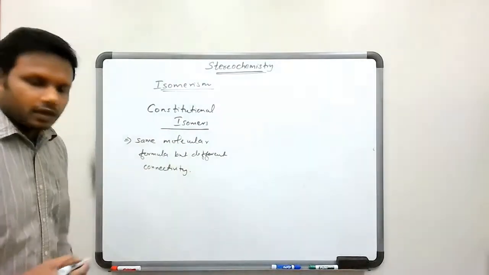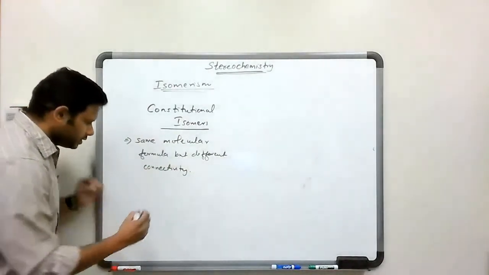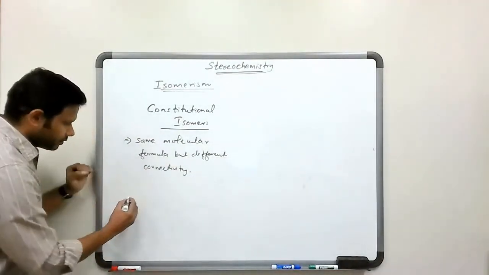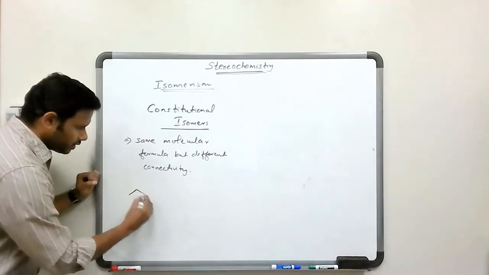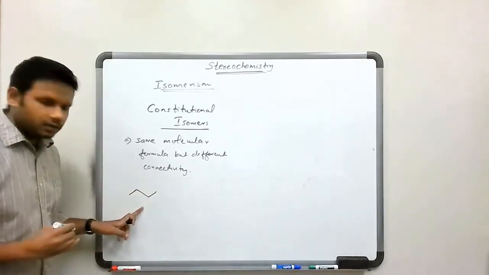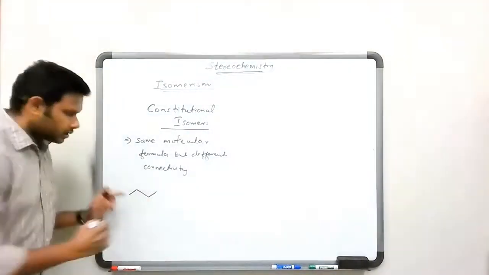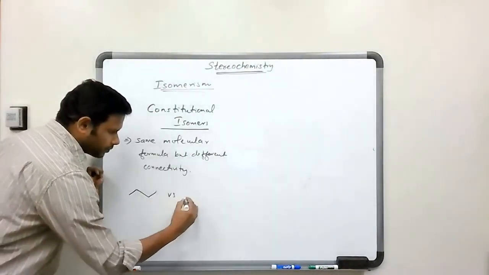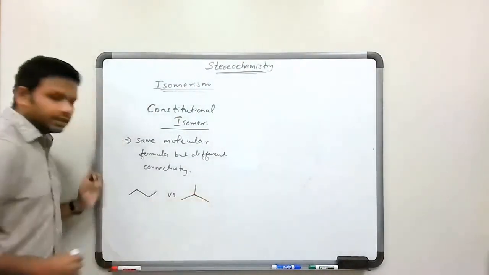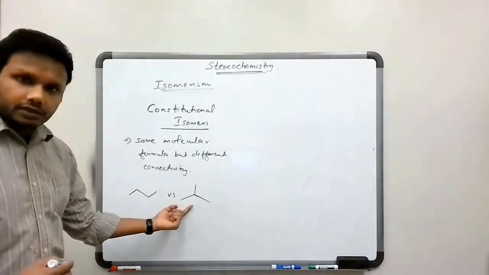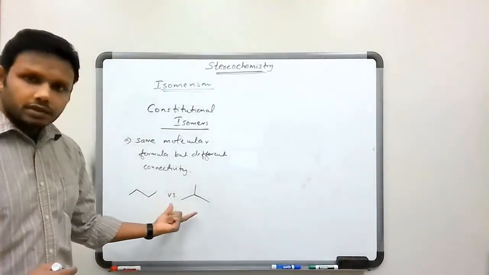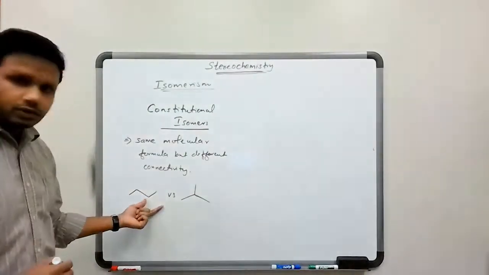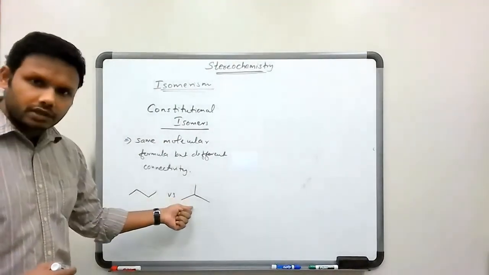And an easy example, just to refresh everyone's memories: if we have a 4-carbon alkane, I can draw it like this, versus that same 4-carbon alkane drawn like this. We are looking at two constitutional isomers because they have the same molecular formula.